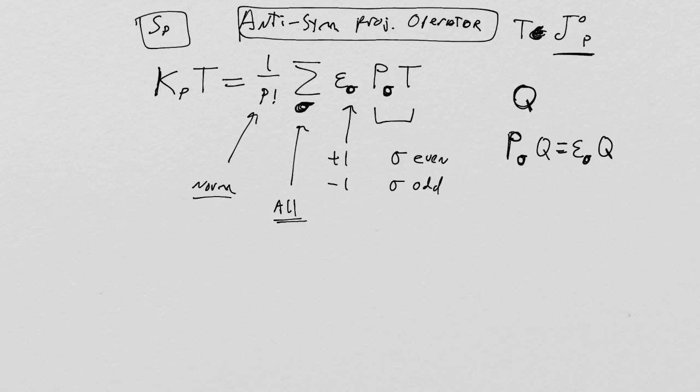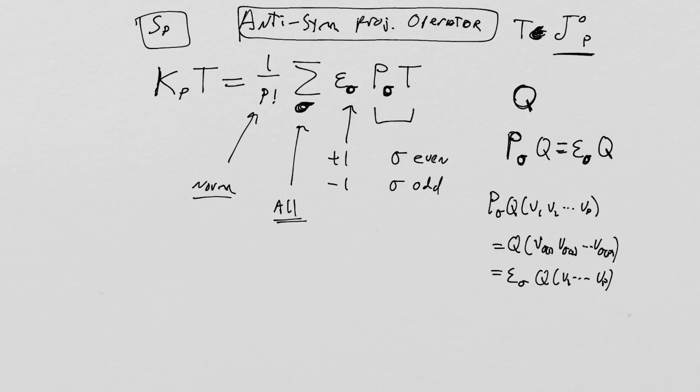You're shuffling things. P sigma on Q acting on V1, V2, through Vp has got to equal Q acting on V sigma 1, V sigma 2, through V sigma p. And that simply equals the sign of sigma times Q of V1 through Vp.